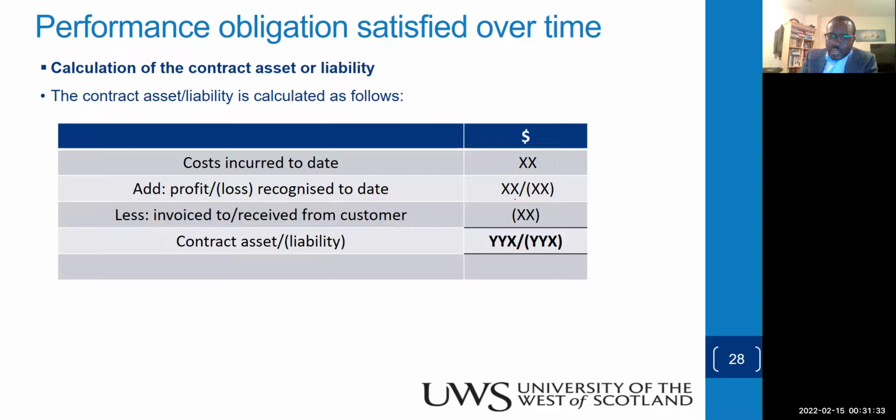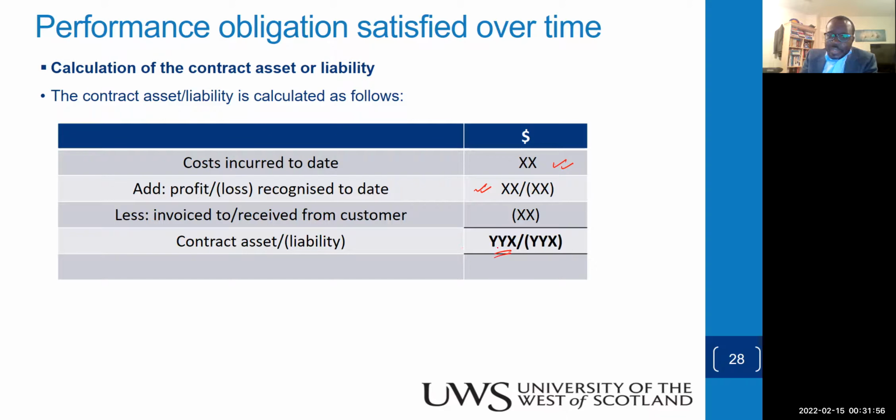So all the costs we've incurred, any profit component, your markup, add it, and what you've invoiced, subtract it, or any money he has paid us, subtract it. If he's not paid us anything, that's okay. If we've not invoiced him anything, that's okay. We get our contract asset.